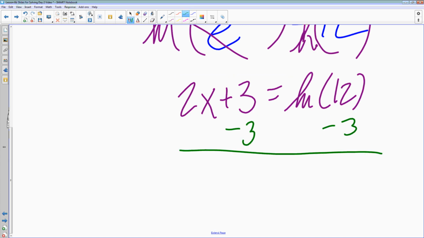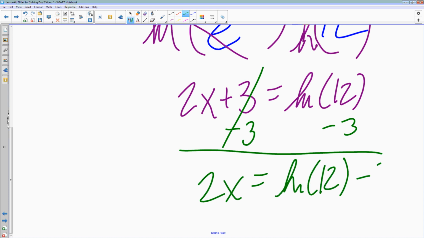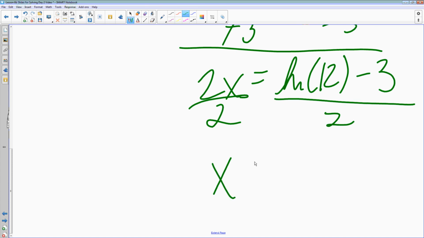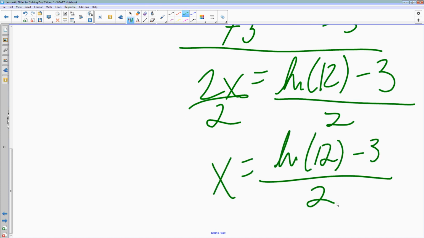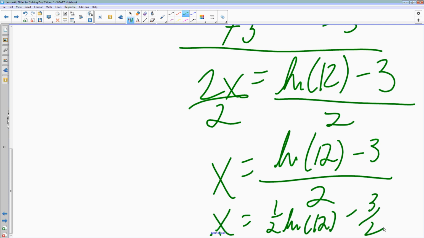Subtract 3, 2x equals ln 12 minus 3. Divide both sides by 2, and you get x equals (ln 12 - 3)/2. If you really want to write it another way, you could write it as x equals 1/2 ln 12 minus 3/2. But either way is fine.